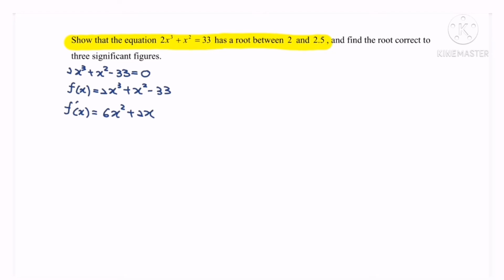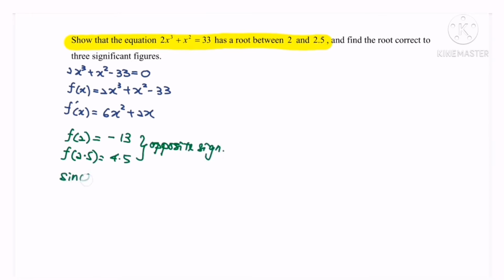Next, we have to show the equation has a root between 2 and 2.5. So we substitute the values 2 and 2.5 into the function f(x). Kindly make use of the calculator. f(2), substituting the value 2 into the function f(x), gives negative 13. Substituting 2.5, f(2.5), we have the value 4.5. Notice that we have opposite signs.